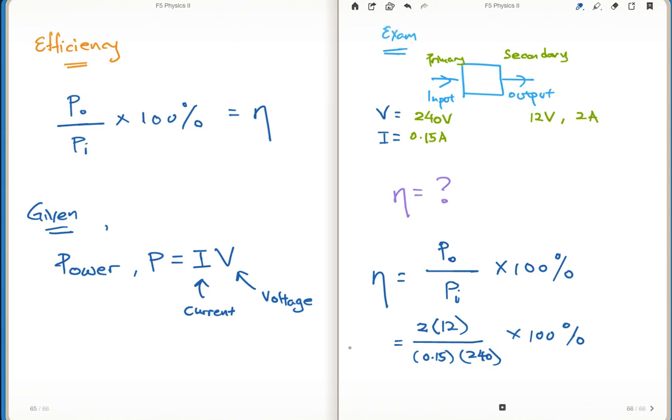So you put it into a calculator. Therefore, it would be 67%. Okay. So this is how you do it. It's always output over input, where P is current times voltage.